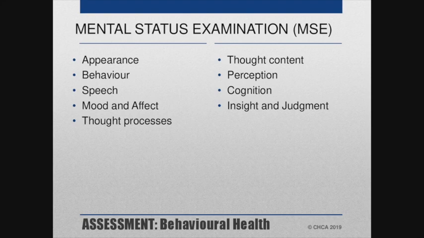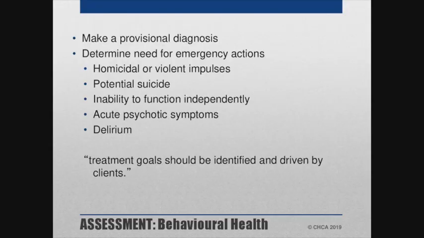Are they logical and coherent? What is their thought content? Is their perception appropriate? Is their cognition appropriate to their level of education? And also, what is their insight and judgment? Is it impaired or is it appropriate?